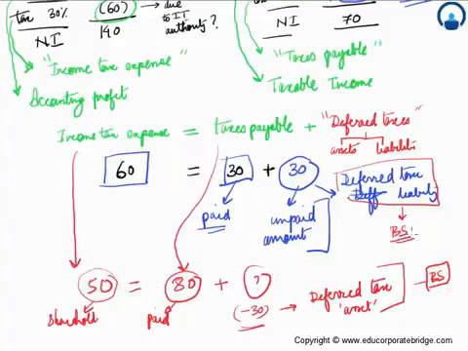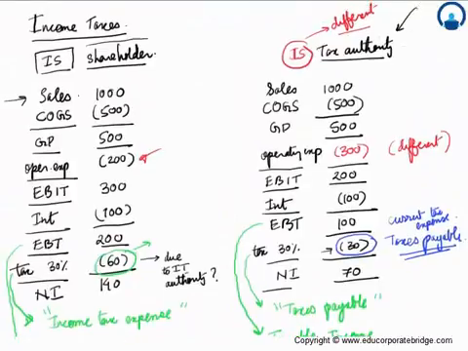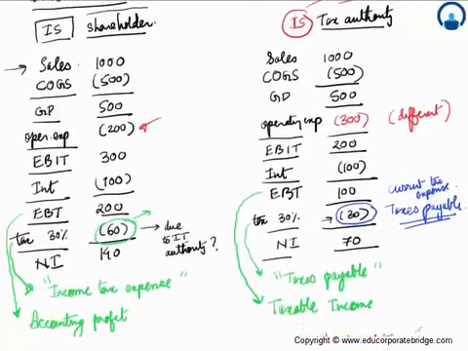We will take an example and see how this really works, but for the time being, for the mechanics of income taxes, there are two things which are extremely important which you must understand. First, there is a different reporting in the income statement for shareholders and for the tax authorities. When we look at the income statement for shareholders, we see a term called EBT.